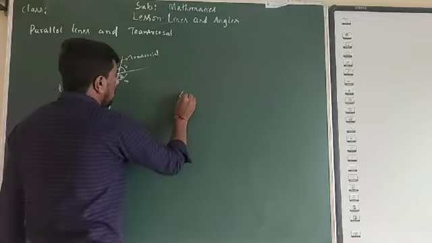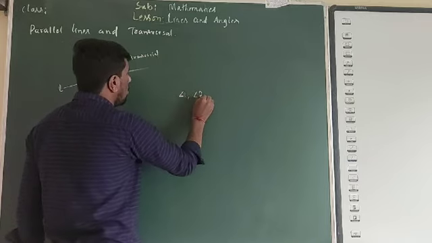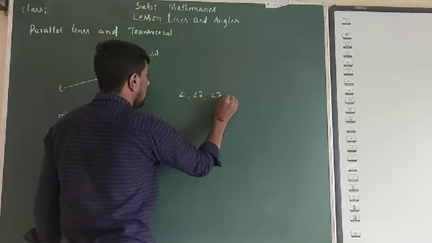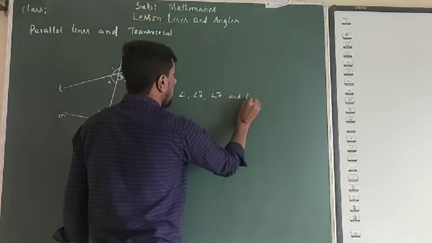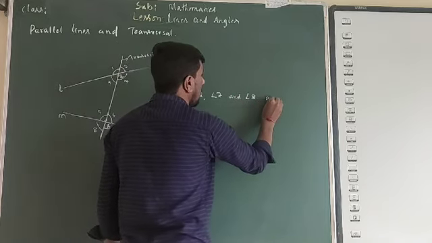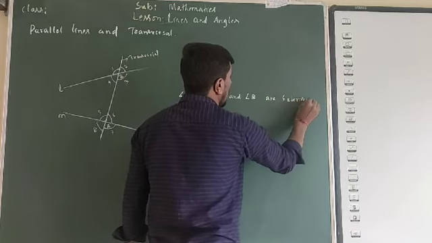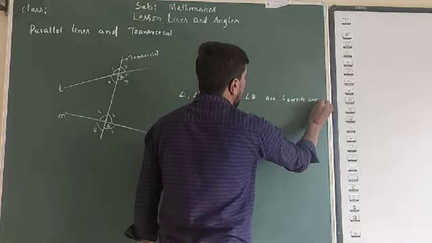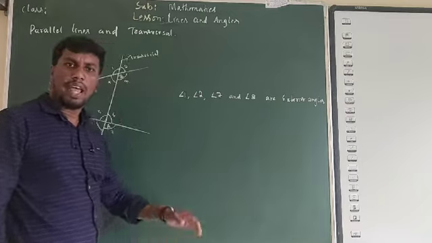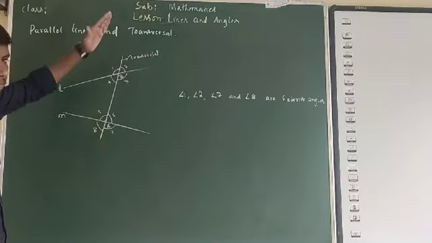Therefore, angle 1, angle 2, angle 7 and angle 8 are exterior angles. Those four angles are exterior angles, that is, outside.